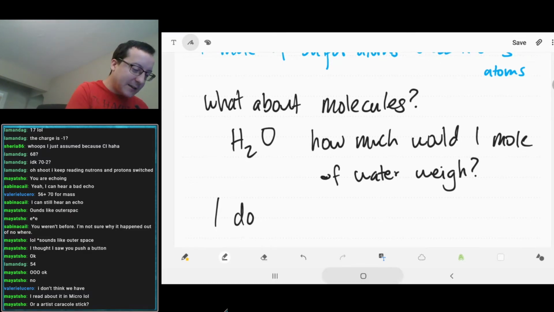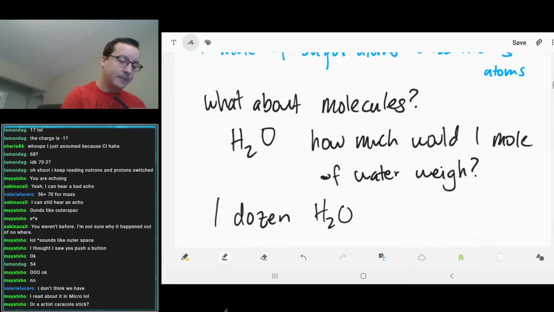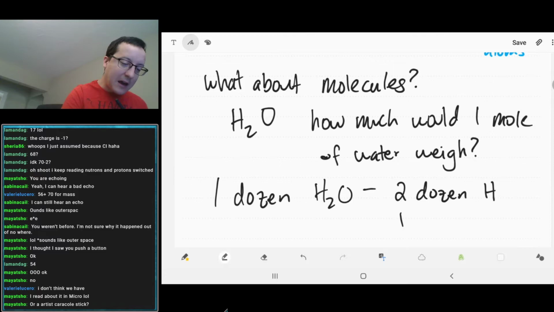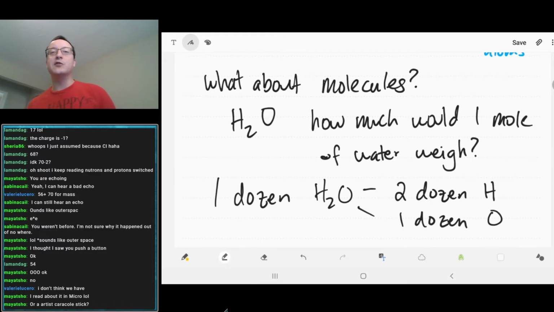If we had 1 dozen water molecules, that's the same as saying we have 2 dozen hydrogens and 1 dozen oxygens, right? Just to step back for a second, so we are all understanding about chemical formulas.